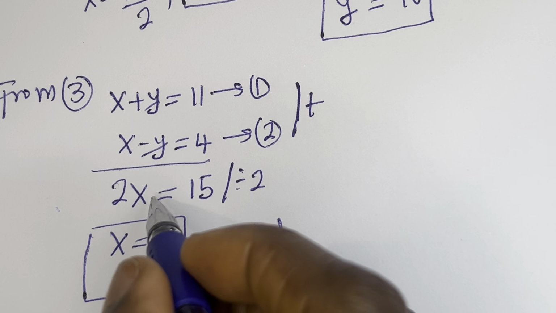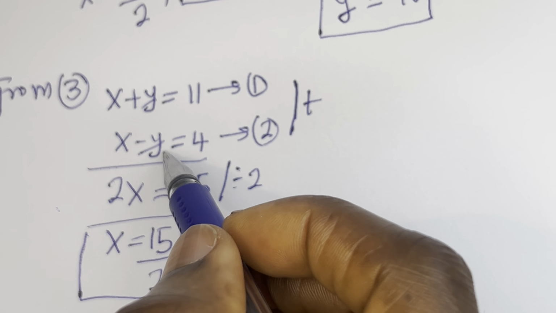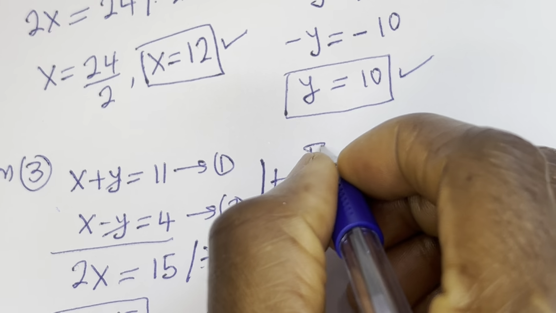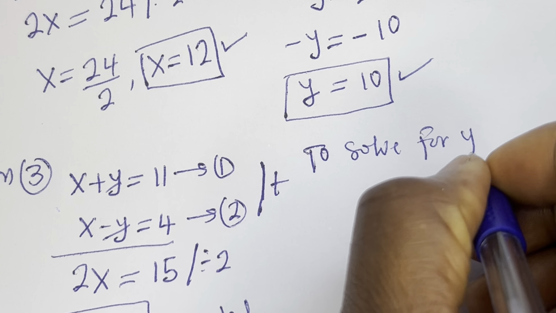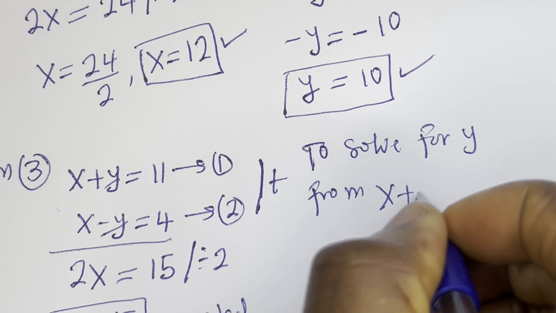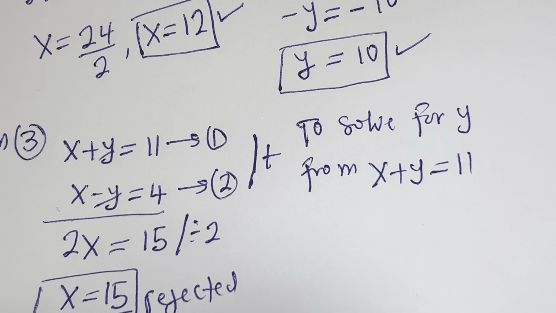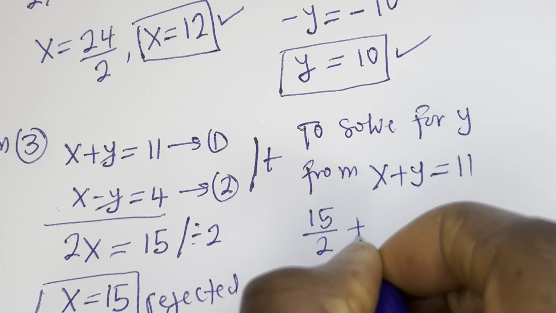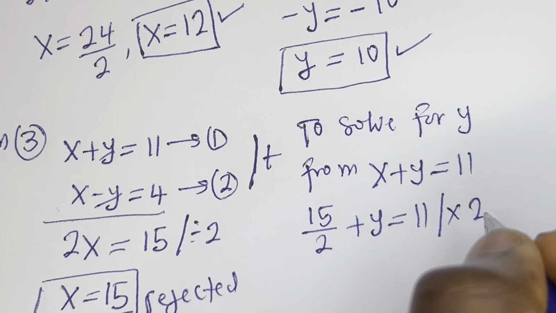Now we've gotten the value of x. Let's solve for y using either equation 1 or equation 2. But let me make use of equation 1 here. Then to solve for y, from x plus y is equal to 11. When x is 15 over 2, we have 15 divided by 2 plus y is equal to 11. Let's multiply all through by 2.